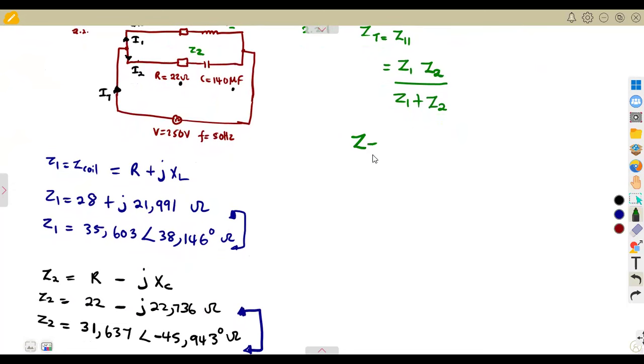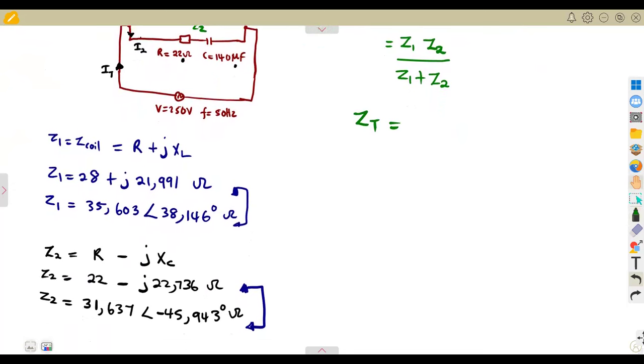So our ZT from product over sum is going to be the product, and I prefer that the product is best in polar form, the sum best in rectangular form. So you're going to take Z1 in polar form on the product. That's 35.603, the angle being 38.146 degrees. That's our Z1 times Z2.